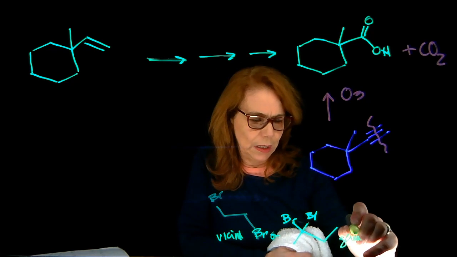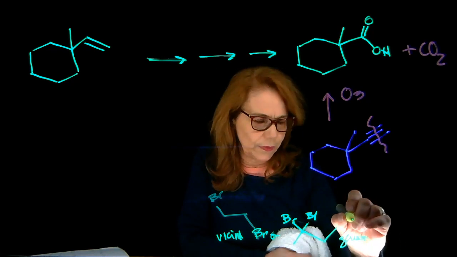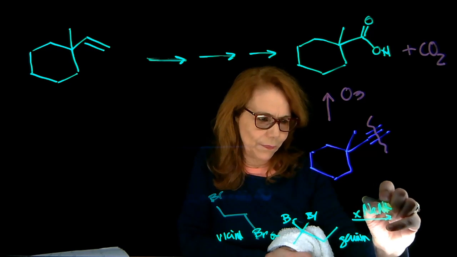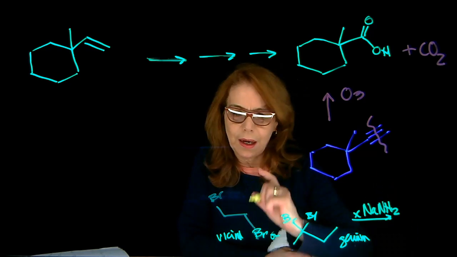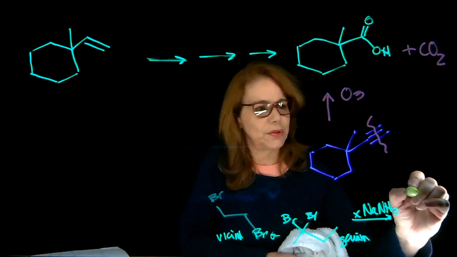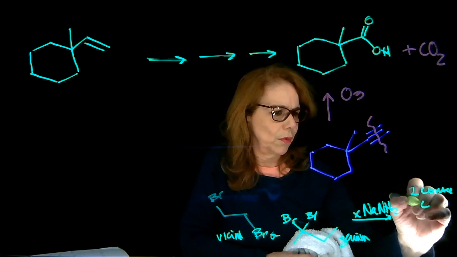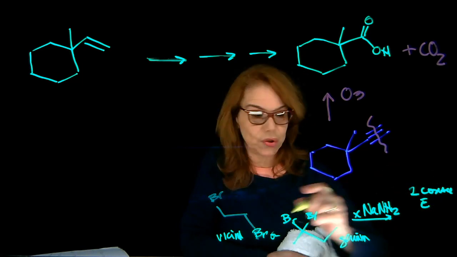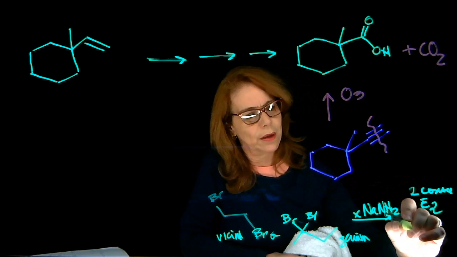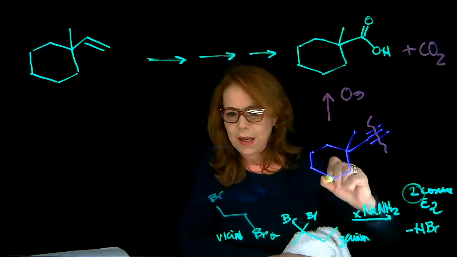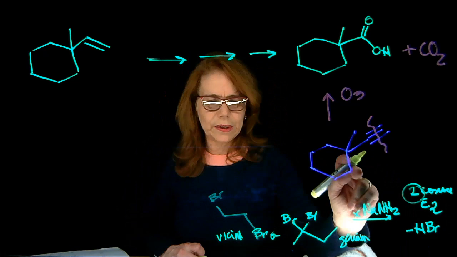Either of these two, with excess sodium amide, I can make an alkyne, and this will be 2 consecutive E2 reactions. So twice we're going to do an elimination of HBr, so minus HBr, but I'm doing that twice. So that's how I can make that.